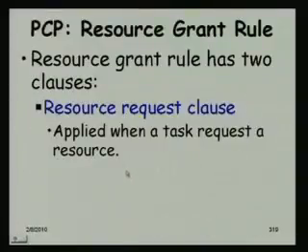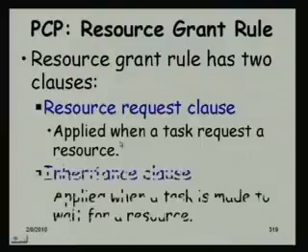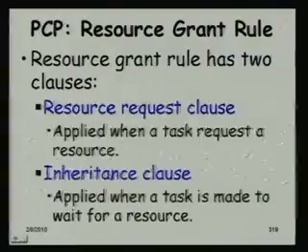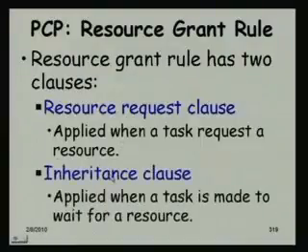The grant rule has two clauses. When a resource is to be granted, first the request occurs and then an inheritance clause is applied. Let us first concentrate on the grant rule and then we will look at the release rule.